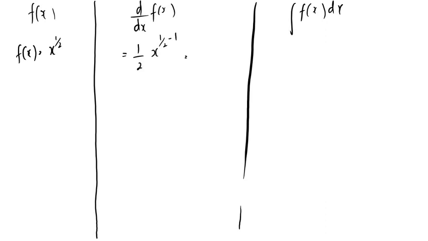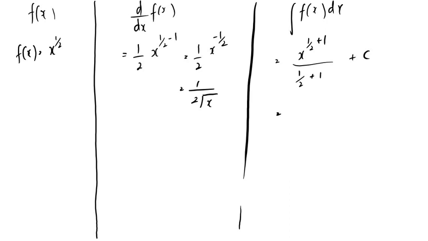We get half x to the power minus half, which is equal to 1 over 2 square root of x. Now if we want to integrate it, you add 1 to the power: x to the power half plus 1, and divide it by half plus 1, plus c.